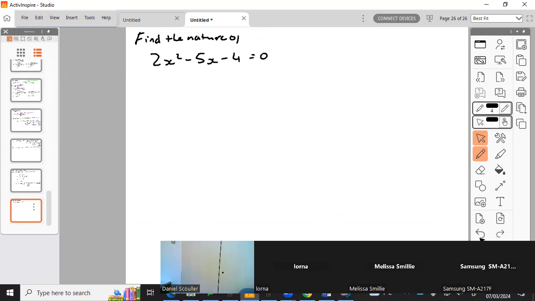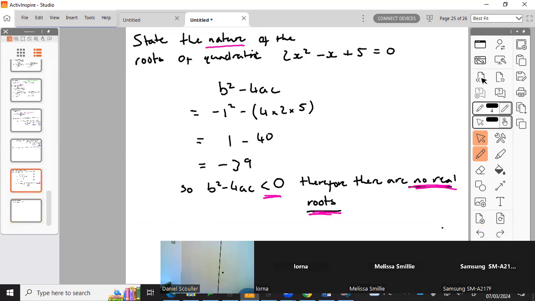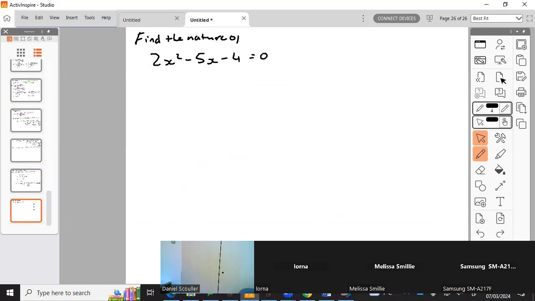Find the nature of the roots of the quadratic. You'd use the discriminant, b squared minus 4ac.